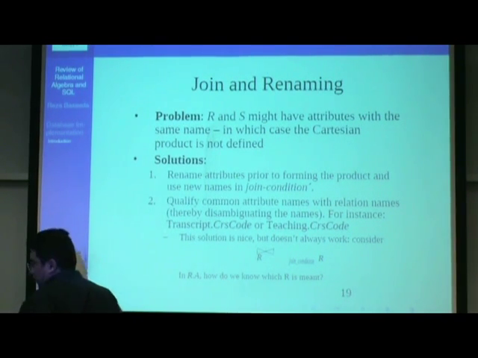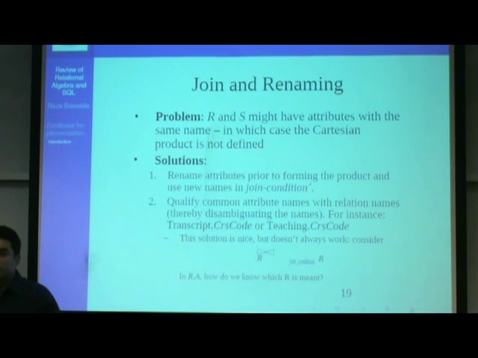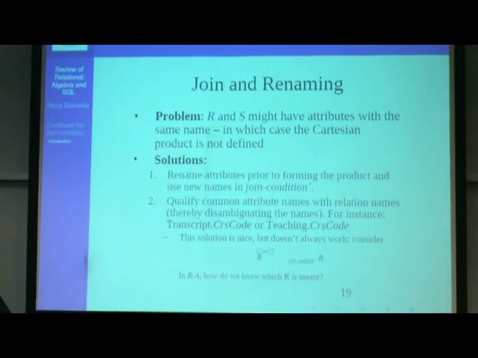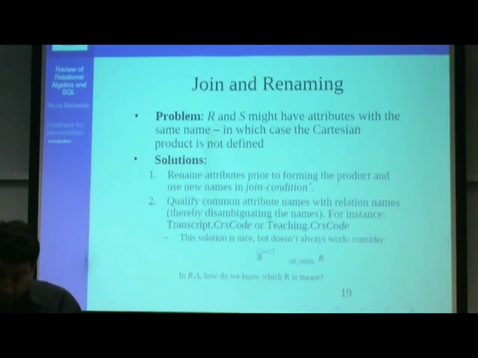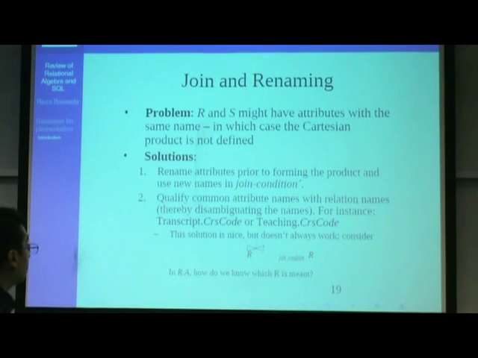If we don't rename them, then in the expression we don't know which column corresponds to the other part. There is a common way of renaming columns.